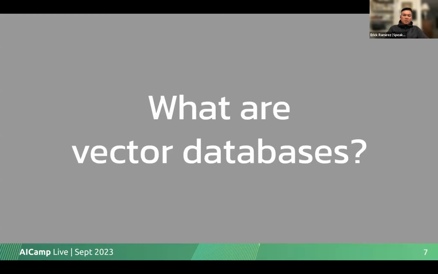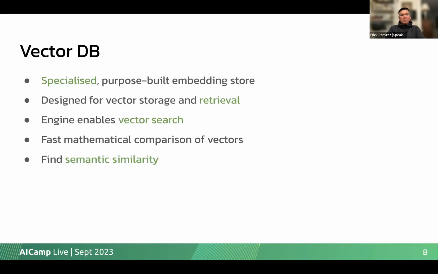Now, in terms of vector databases, they're specialized storage engines. They've been built for the single purpose of storing embeddings, which are the vector data type, which is an array of floating point numbers. They're designed specifically for storing vectors and then the retrieval. The retrieval bit is the important bit here because technically you can store embeddings in a text file, you can store embeddings in a PDF document.